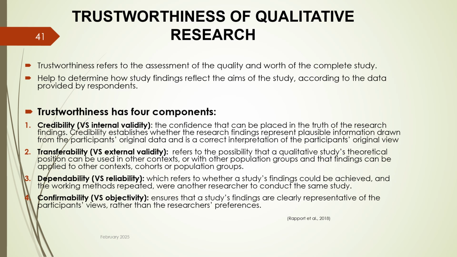So if any other researcher wanted to replicate the study, they should have enough information from your research reports to do so and obtain similar findings as your study. So dependability can be achieved also by what we call audit trail.